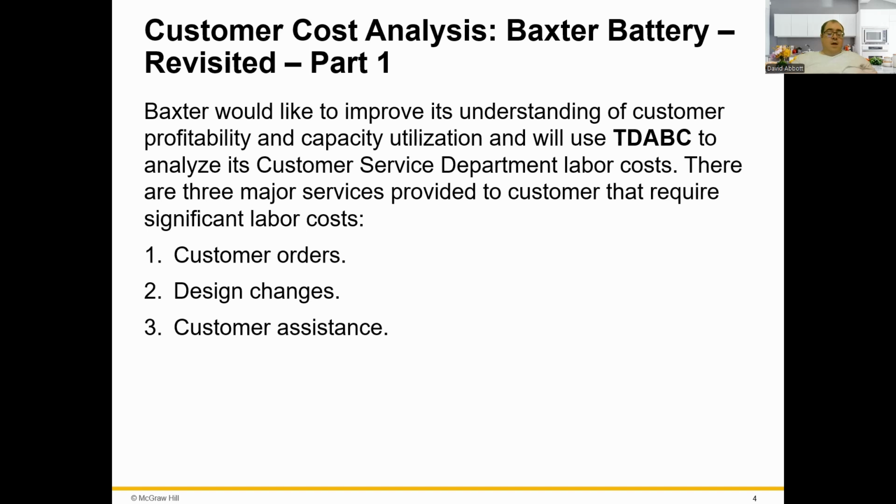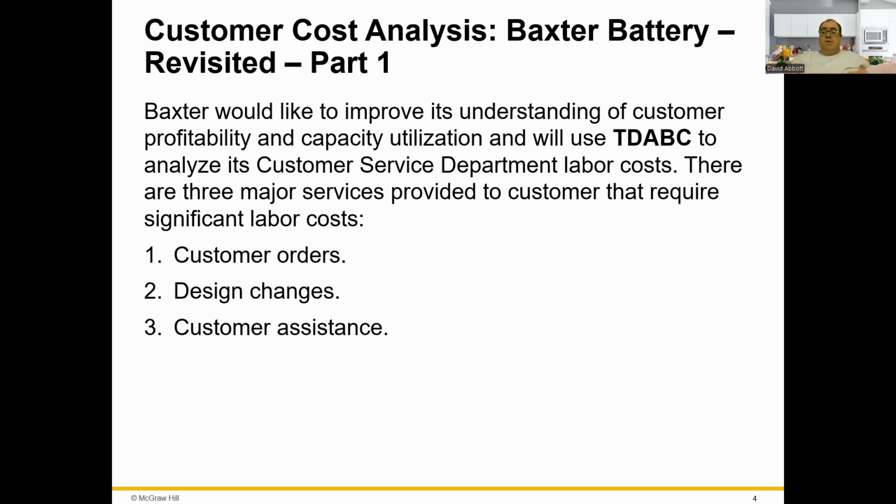And again, looking at Baxter again. So we're going to go back and look at our example with Baxter Battery. Now, Baxter would like to improve its understanding of customer profitability and capacity utilization, and will use TDABC to analyze its customer service department labor costs for the reasons that are provided on this slide.